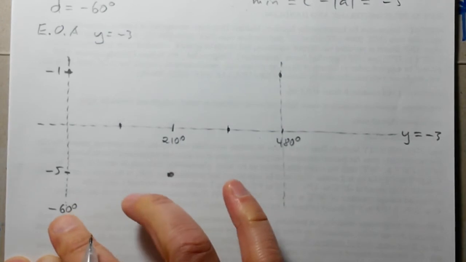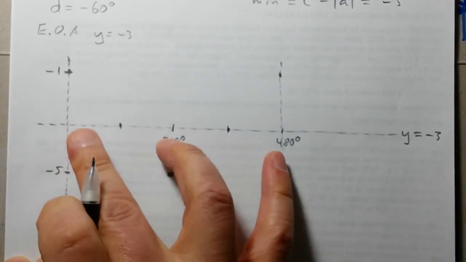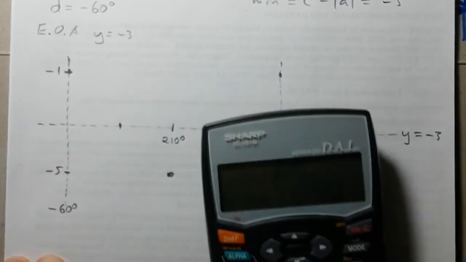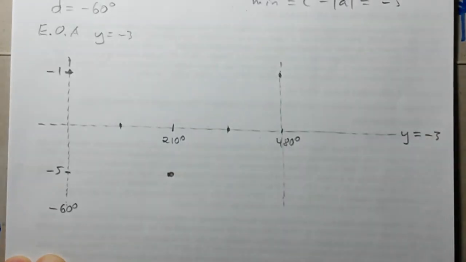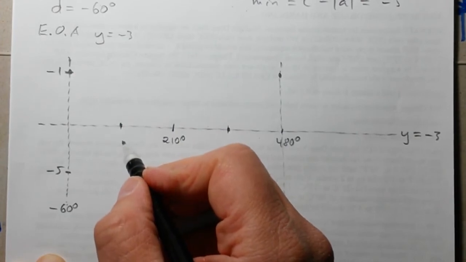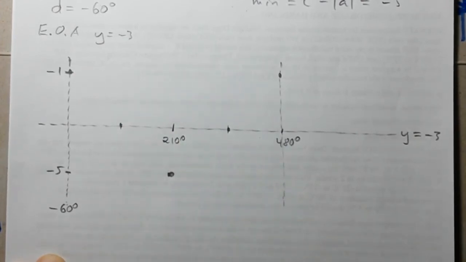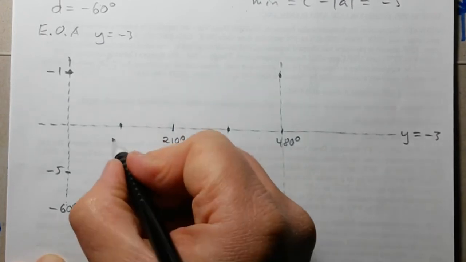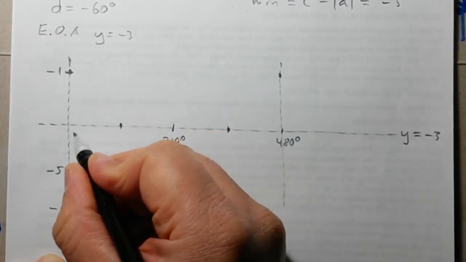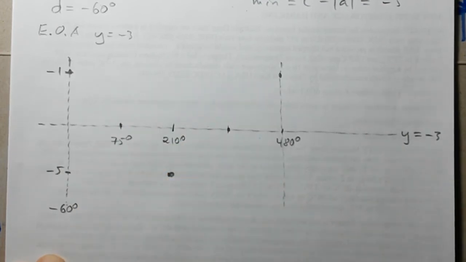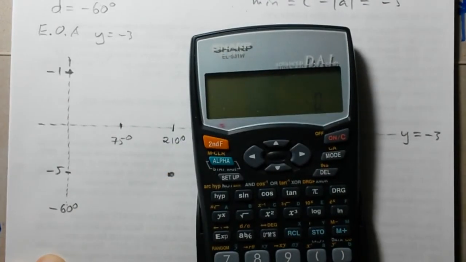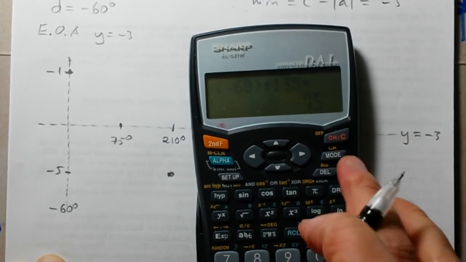Now what's halfway of 270? You can grab a calculator. It's 135. So we add negative 60 plus 135, which gives us 75 degrees.